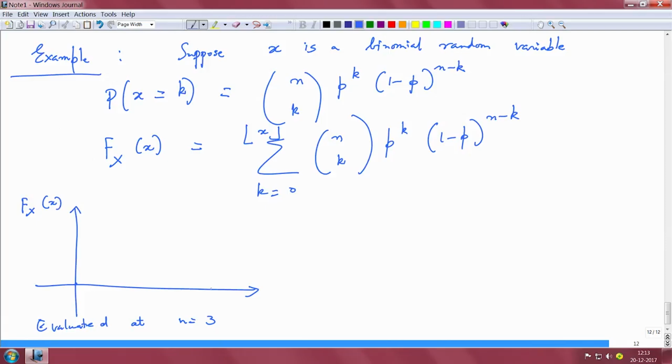Let us say we have the values 0, 1, 2 and 3. At 3 definitely this has to be 1, because you do not have anything more than 3.